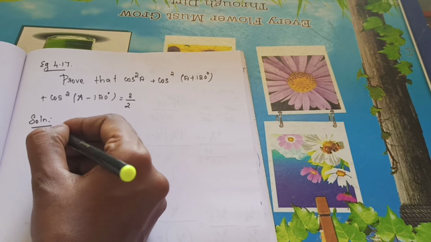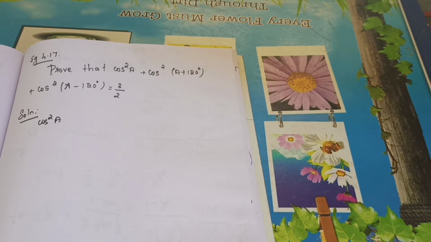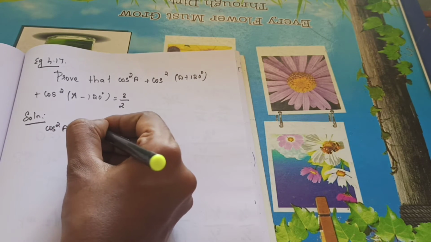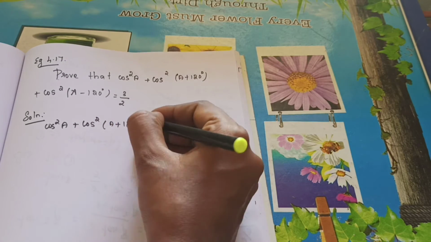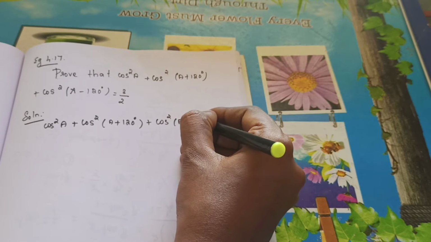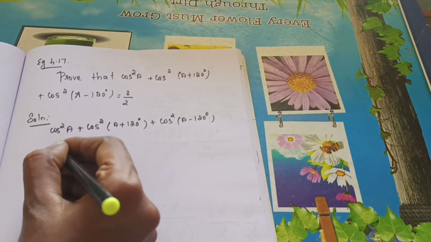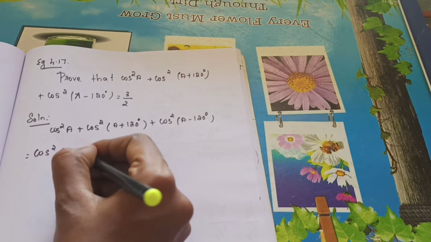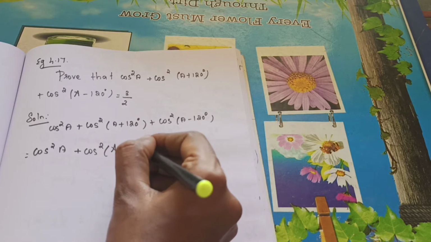First write down the LHS: cos square A plus cos square (A plus 120) plus cos square (A minus 120). That's equal to cos square A plus cos square (A plus 120 degree).